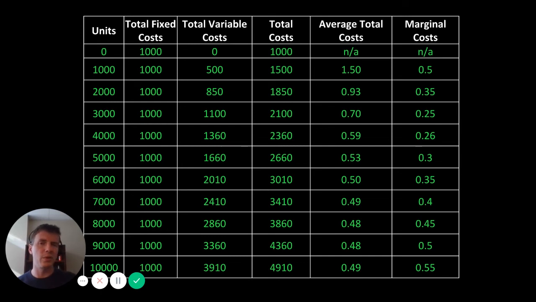The difference between 2,100 and 1,850 in the total cost column is 250, and if we divide 250 by the change in production from 2,000 to 3,000, which is 1,000, 250 divided by 1,000 gives us 25 cents per unit. And what might be helpful is on your own time to go through some of these calculations for average costs, but also marginal costs, to see if the numbers work out for you.